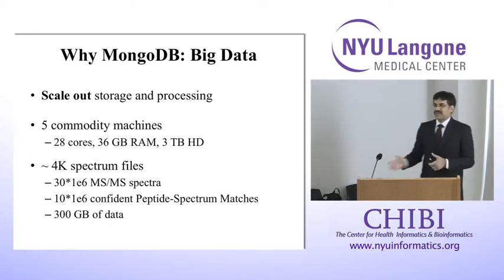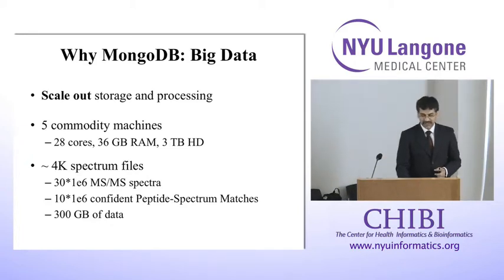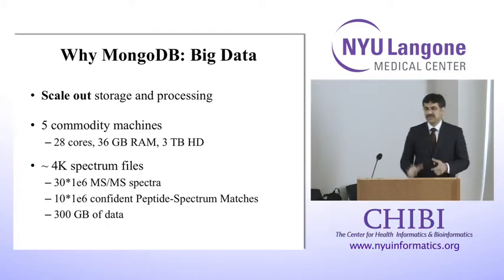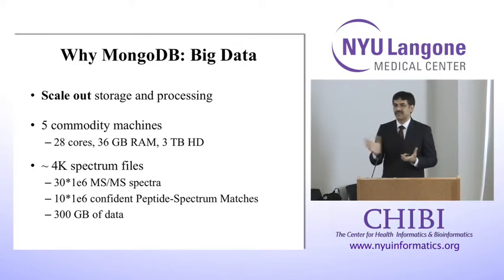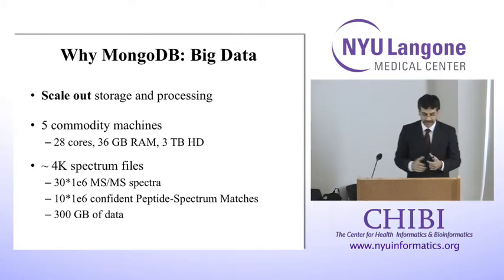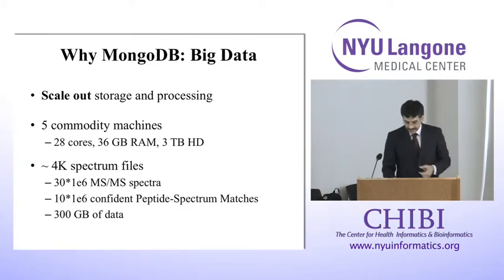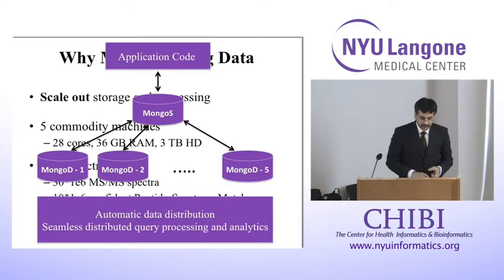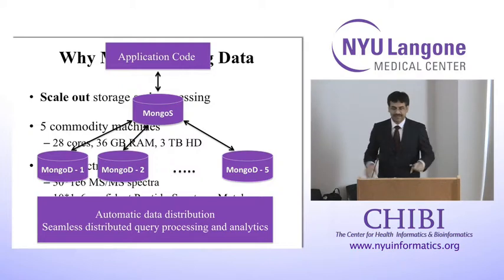I've used about 4,000 spectrum files, which gave me about 30 million raw MSMS spectra. And since the identification rate is about 30 to 40%, I have roughly 10 million peptide spectrum matches out of those. And this amounts to about 300 gigabytes of data, which is distributed across these 5 different machines.